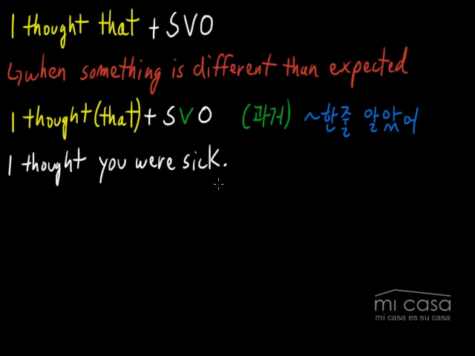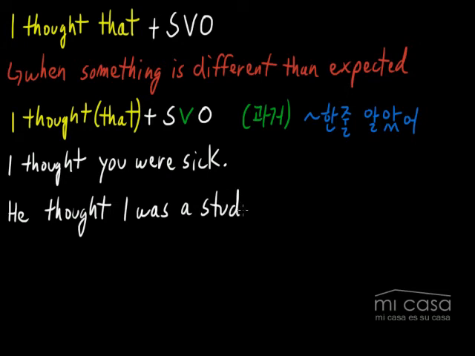We're using it with an adjective. Let's see another example. And in this case, I'm going to use it with a noun. He thought I was a student. So up here, I put I thought that, or in both of these cases, I put I, but actually you can change I to a different subject.